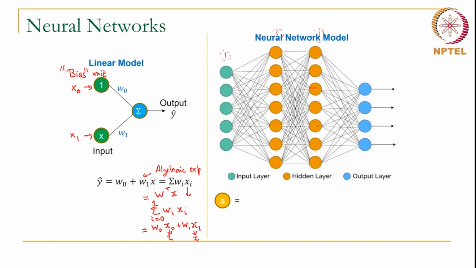But in the end, at the end of the day, it is still an algebraic expression relating x1, x2, let's call this x3, x4, x5 to some outputs y1, y2, y3, y4. It's simply an analytical expression relating x1 through x5 to y1 to y4, and it is compact to represent it as a network diagram, a diagrammatic representation of interlinked nodes or neurons.